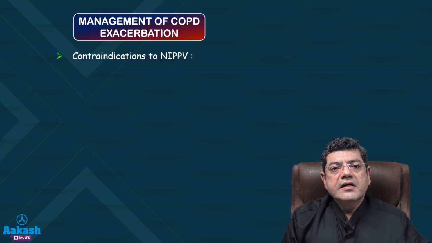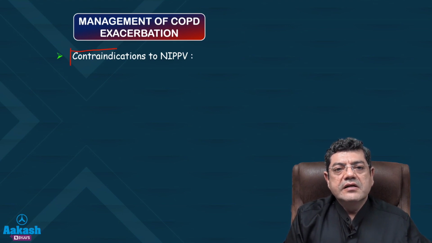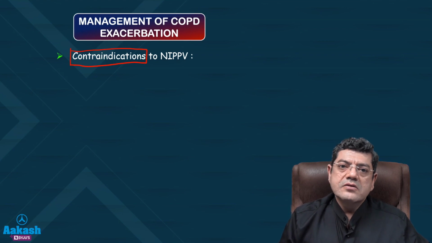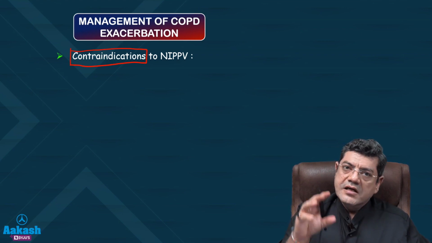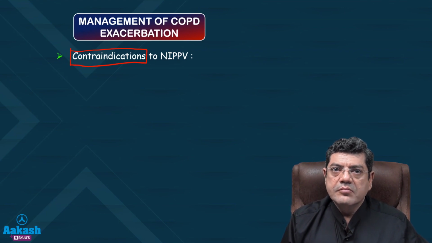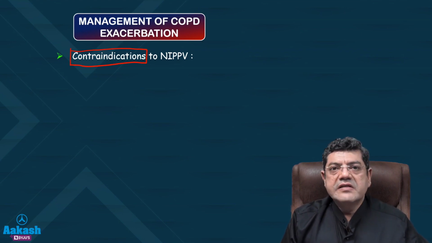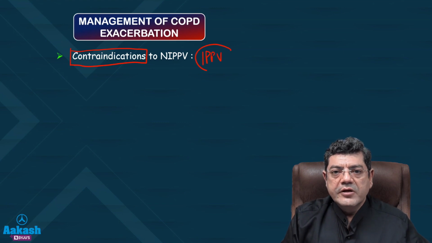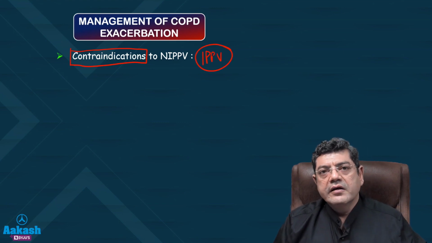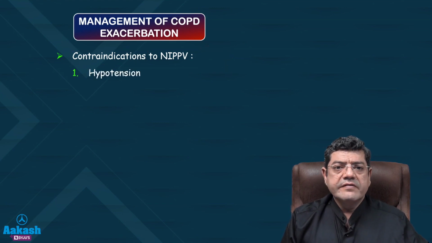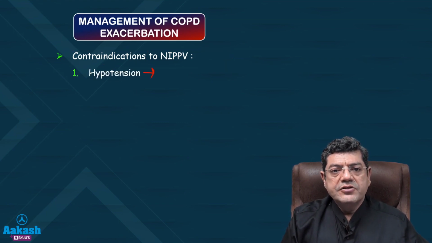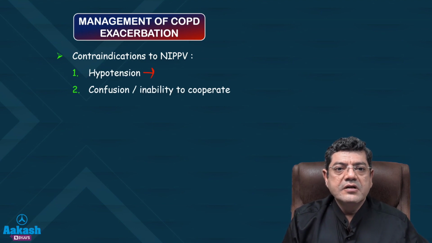Now see that as we have discussed indications, then there must be some contraindications also, and these contraindications imply that the patient does require ventilatory support, but non-invasive ventilation is not an option, and you must intubate the patient and provide intermittent positive pressure ventilation, right? Invasive ventilation. So hypotension is an absolute contraindication.